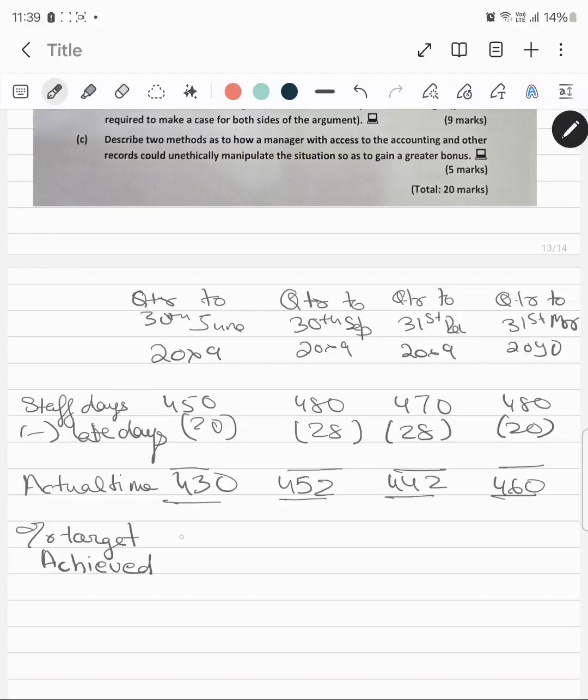It's 430 divided by 450 into 100. 452 divided by 480 into 100. 442 divided by 470 into 100. 460 divided by 480 into 100.